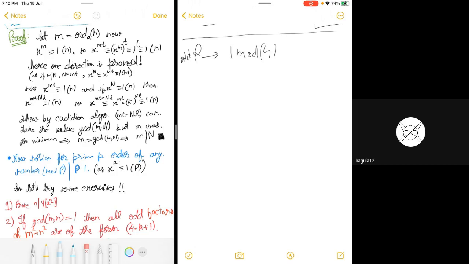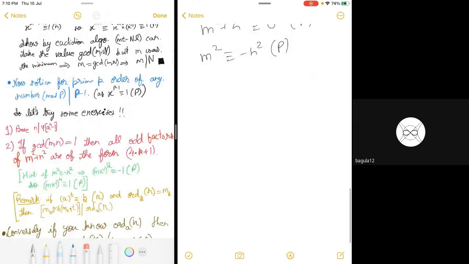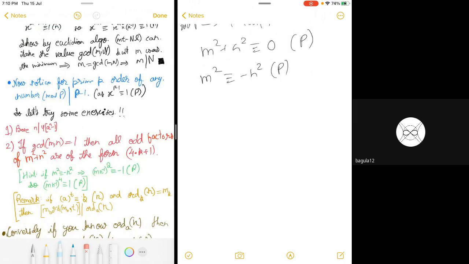So if m square plus n square is congruent to 0 modulo some prime p which is odd, then we can write it as m square congruent to minus n square modulo p. Multiplying both sides by n inverse whole square, we get (m n inverse) whole square congruent to minus 1 mod p.